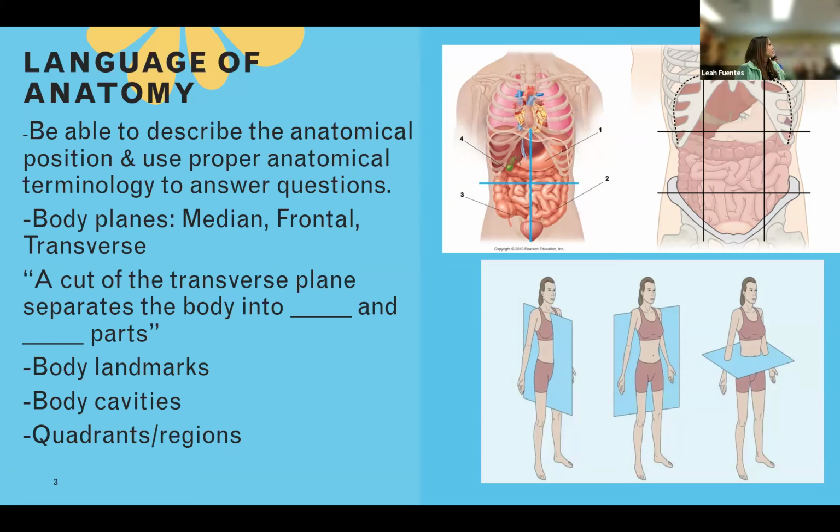Another thing on your exam will be the body planes. So median or mid-sagittal. The thing with this one is it can always be sagittal. Mid-sagittal means it's directly in half. So I can cut a bone into left and right parts, but unless I cut it directly down the middle, it's not mid-sagittal.